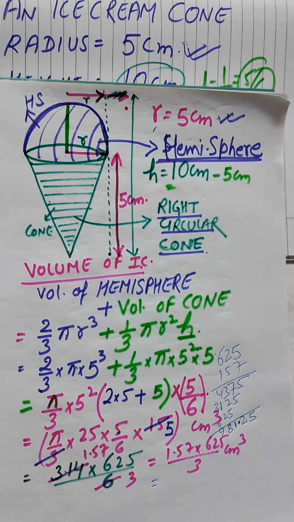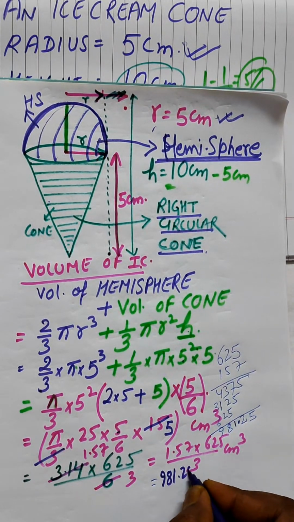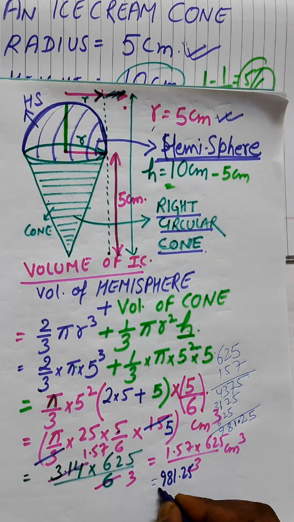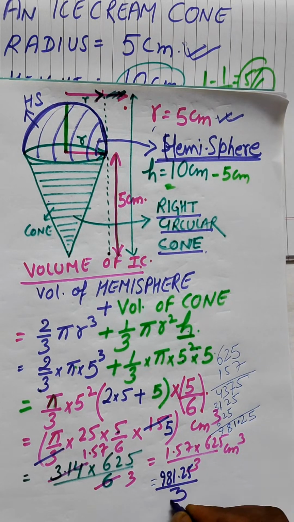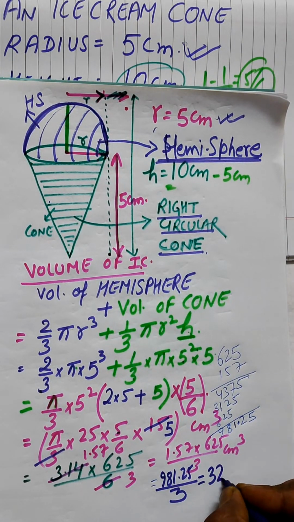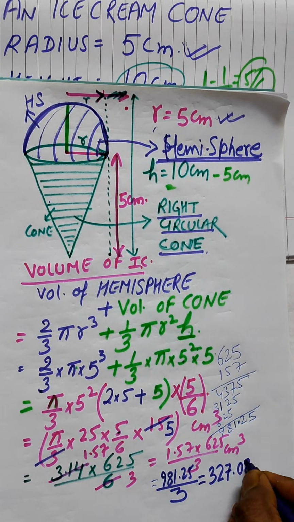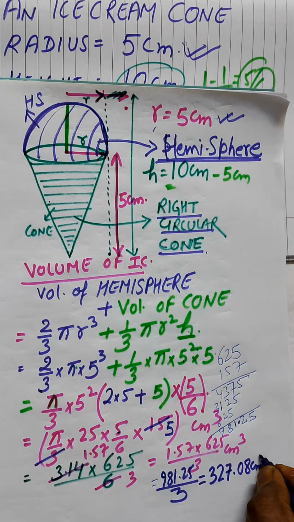So 981.25 by 3 will give you the answer 327.08 centimeter cube.